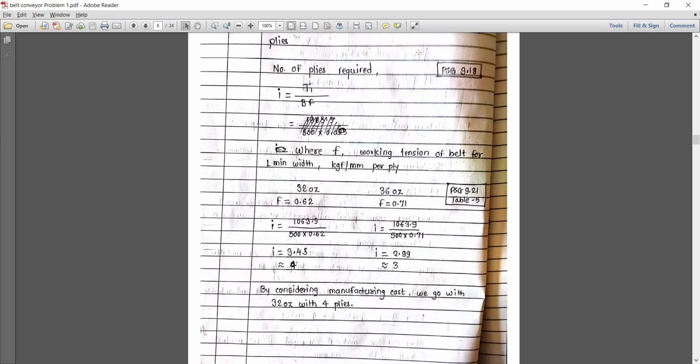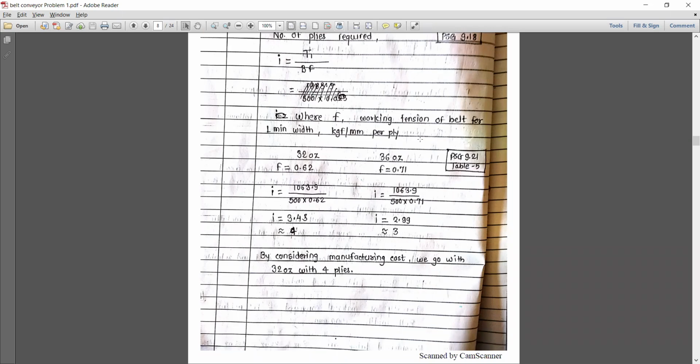Next one, referring to the data book page number 9.18, number of plies is equal to T1 divided by B into F, where F is the working tension of the belt for 1 meter width, which we can find from page number 9.21, table number 5, as I already suggested.